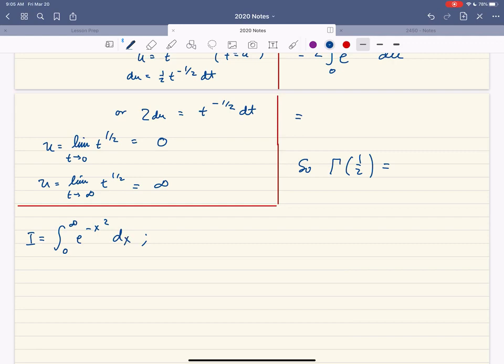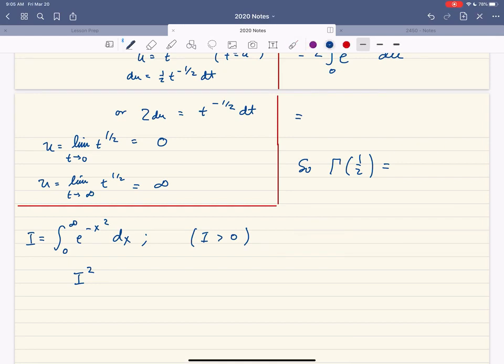What I'm actually going to compute is I squared. I first want to point out that I has to be positive, because we're integrating a positive function over some interval, so that area, that integral, is going to be positive.